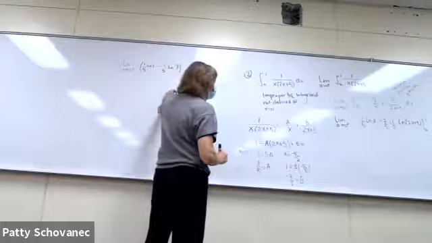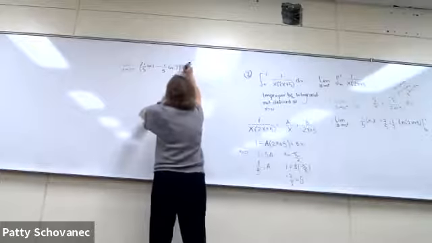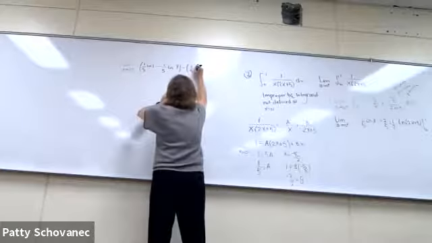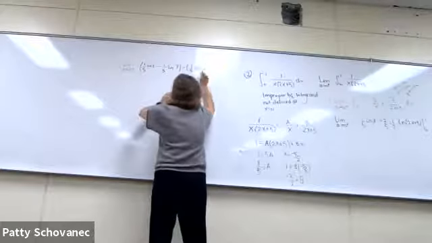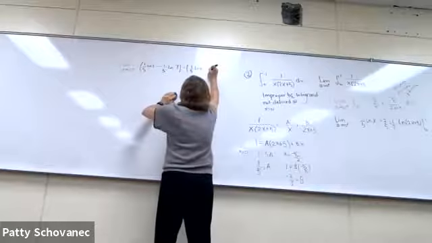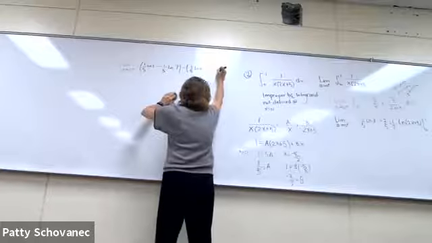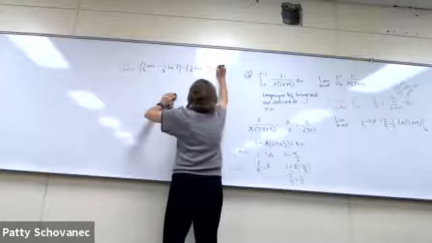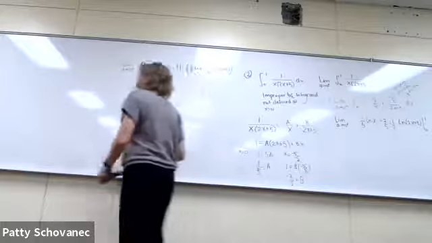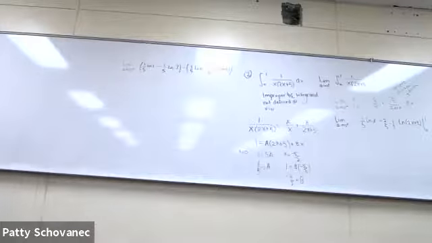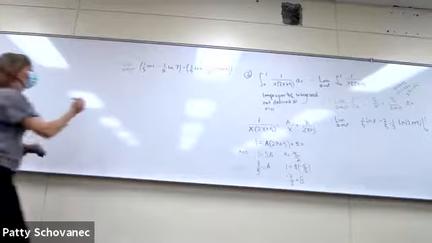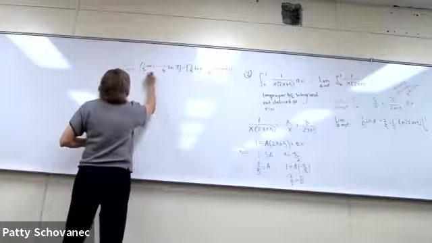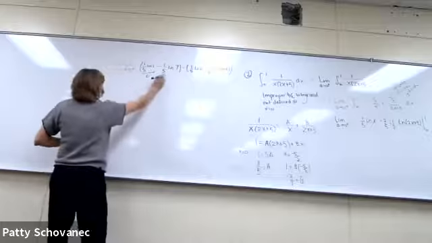And then we subtract 1/5 natural log of a minus 1/5 natural log of 2a plus 5. Does anybody know what the natural log of 1 is? It is 0. So that's a constant.